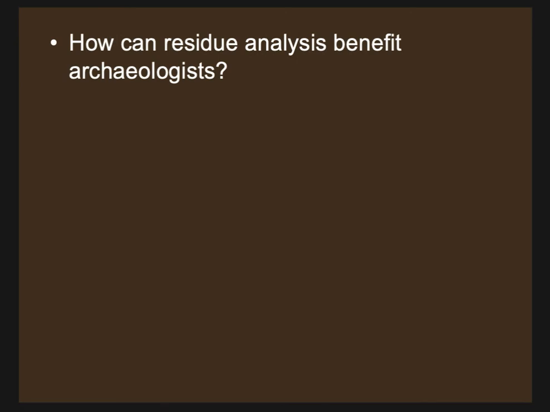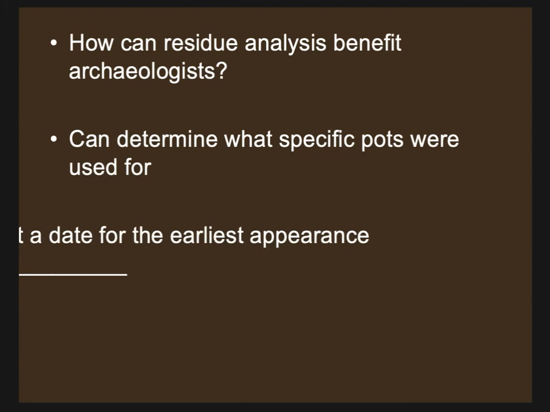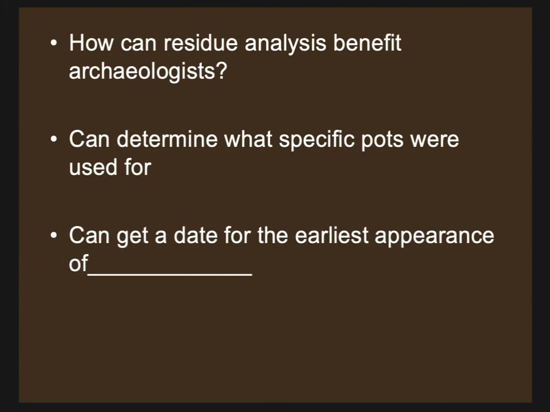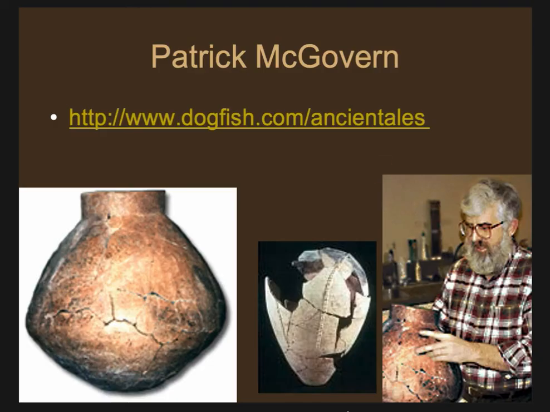So archaeologists have used this to identify what is inside of pots, and they have been able to identify, for example, the earliest dates of the use of milk, the earliest beer, the earliest wine. In fact, an archaeologist who's done a lot with ancient alcoholic beverages, this guy Patrick McGovern, identified the earliest beer and the earliest wine in the Middle East.